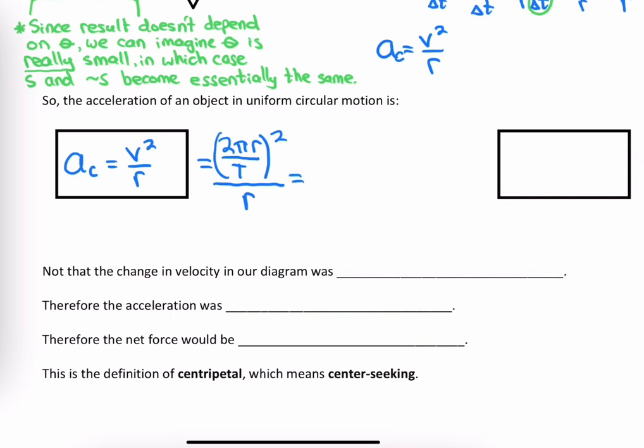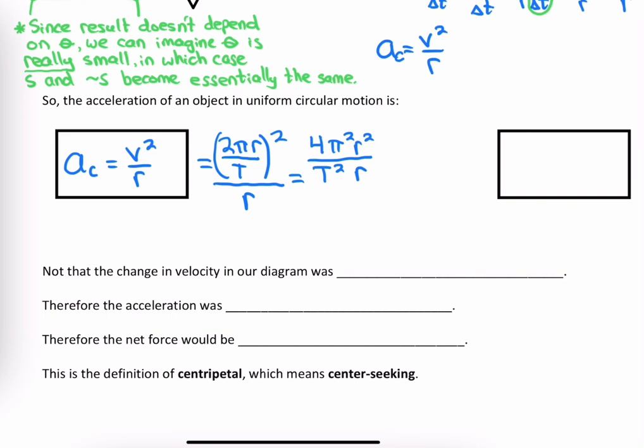And this becomes, if I square everything, 4 pi squared r squared over t squared. And then I'm dividing that all by r. Rather than getting two fractions involved, I'll just condense it all into one fraction. So there's a little bit more going on in this formula, but notice that I have an r squared up top and a regular r on the bottom.